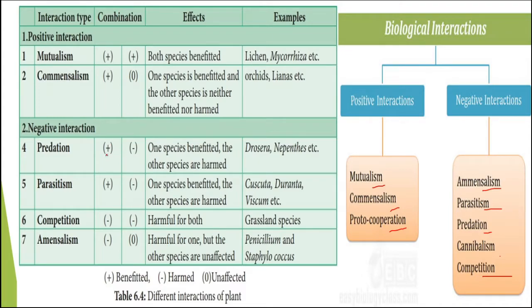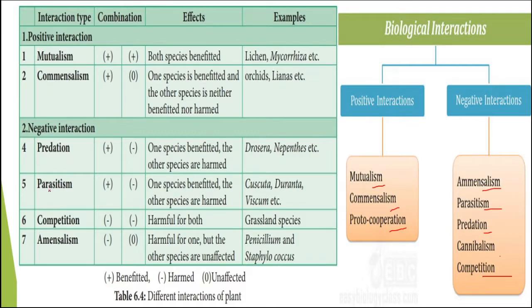The predator is in benefit whereas the prey is in loss. So it is known as predation, a negative interaction. For example, Drosera, Nepenthes, etc. These are insectivorous plants.